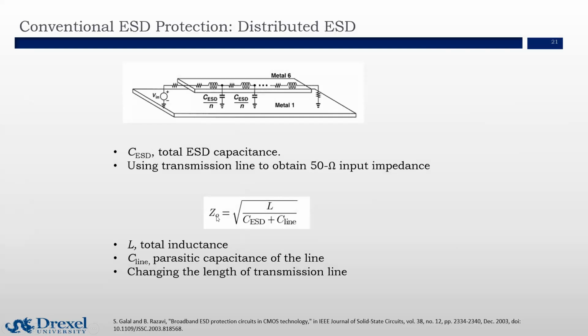Using the formula below, we can change the length of our transmission line. And if we predict the parasitic of the ESD and the parasitic capacitance of our transmission line, we can obtain a purely 50 ohm input impedance by tuning the length of the transmission line.